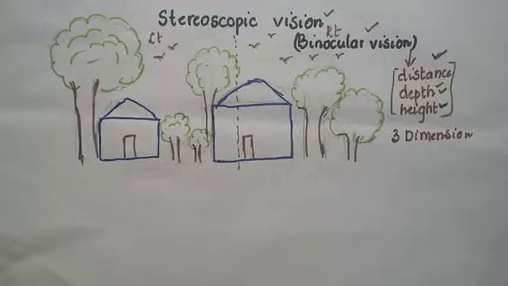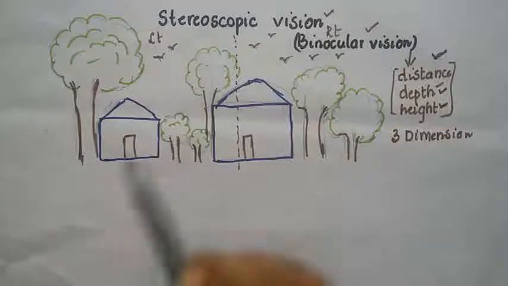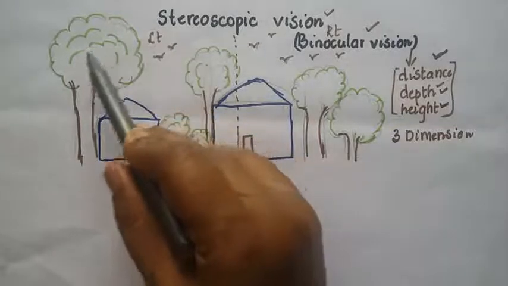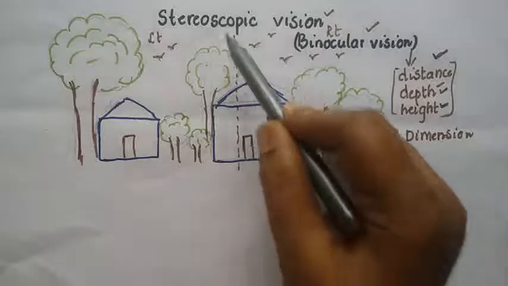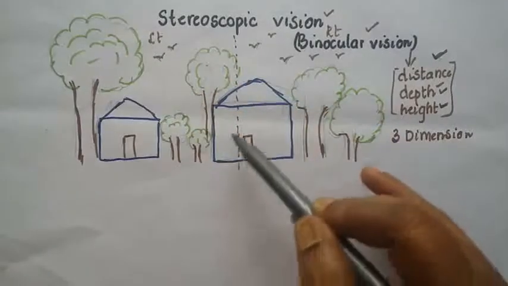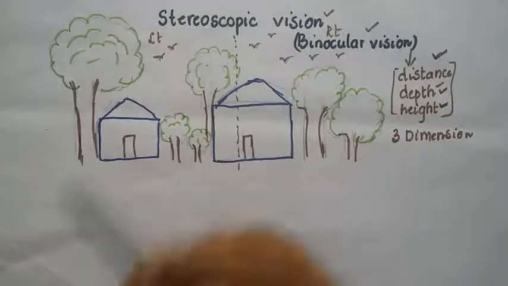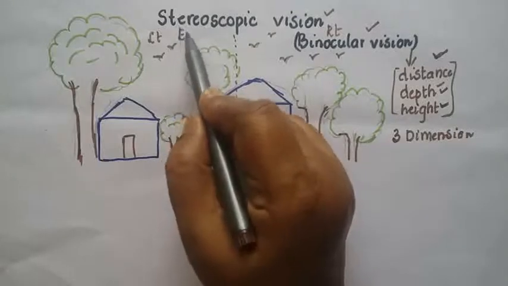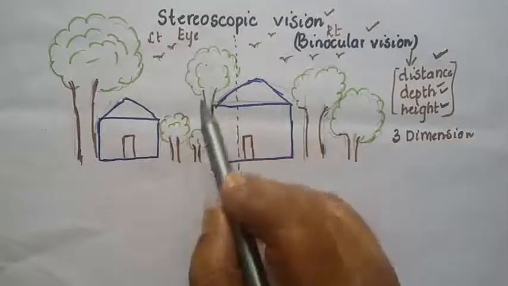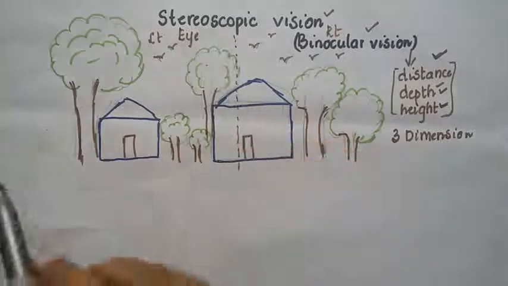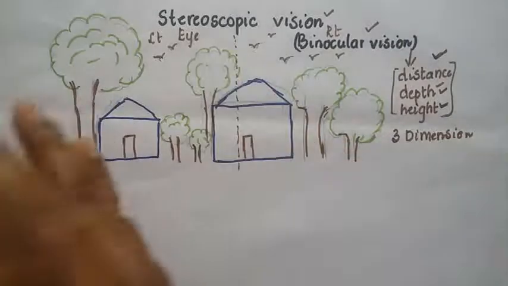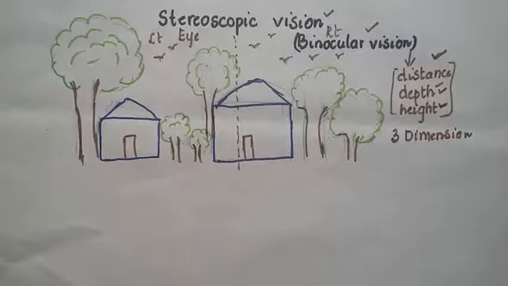Children, in fact, in this condition, the left eye will have an image of all these objects. So in the sense, our left eye will have images of all these structures. What do we find on the left side of the scenery?